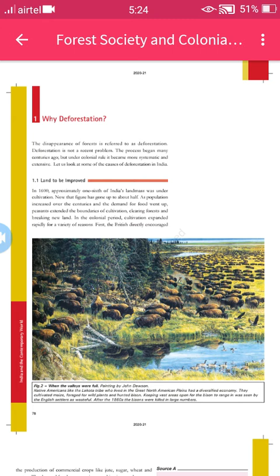Day by day forest is disappearing, and that deforestation is not a recent problem. For decades, we can see deforestation by people.